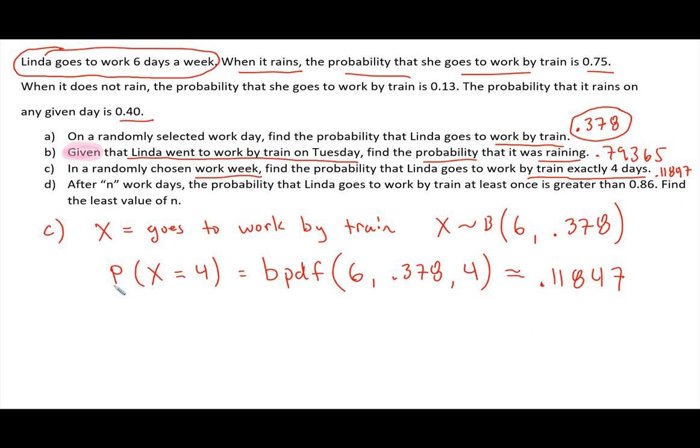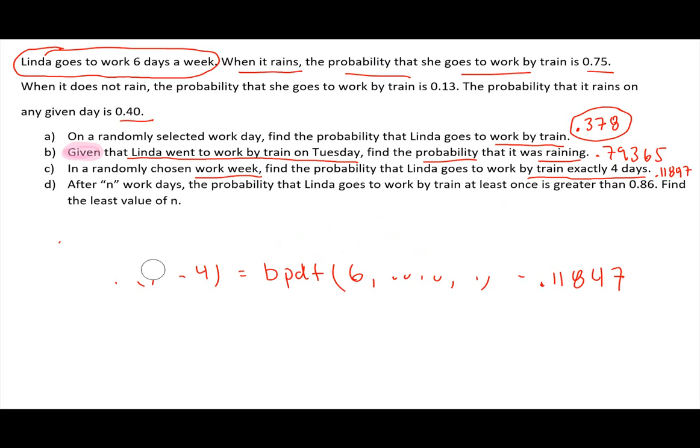Now the last part, let's take a look at part D here. After n workdays, the probability that Linda goes to work by train at least once is greater than 0.86.